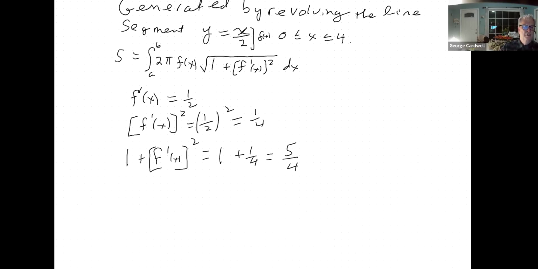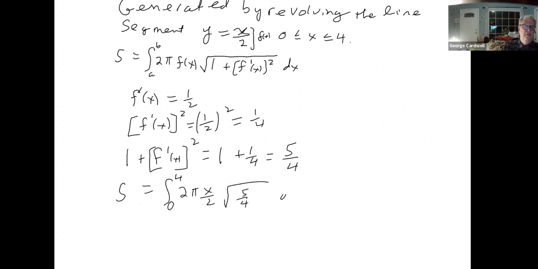So now the surface area is the integral from a to b, which is 0 to 4. And I got to have 2 pi times f of x. Well, f of x in this case is x over 2. And then times the square root of that 1 plus f prime x squared, which is 5/4, dx.